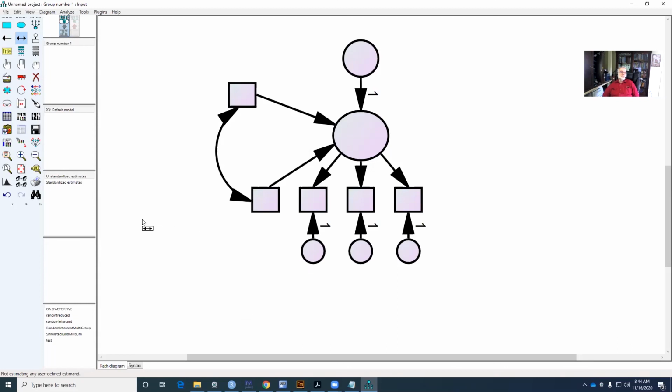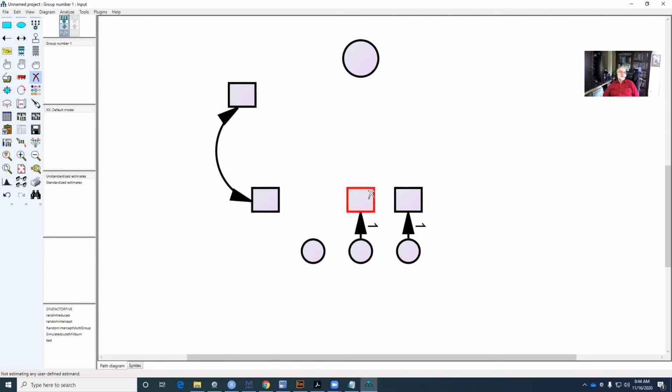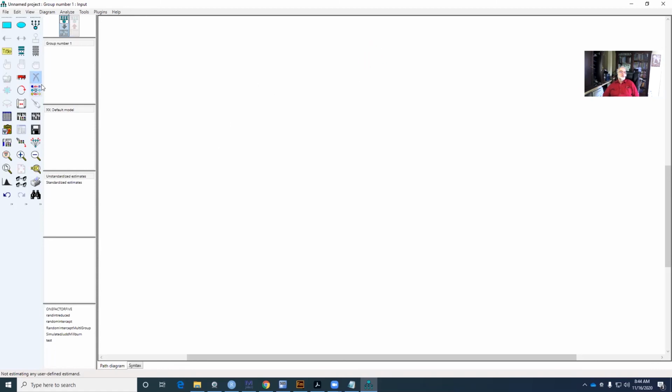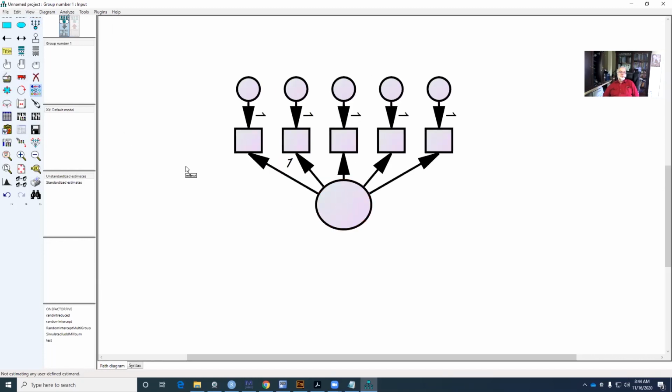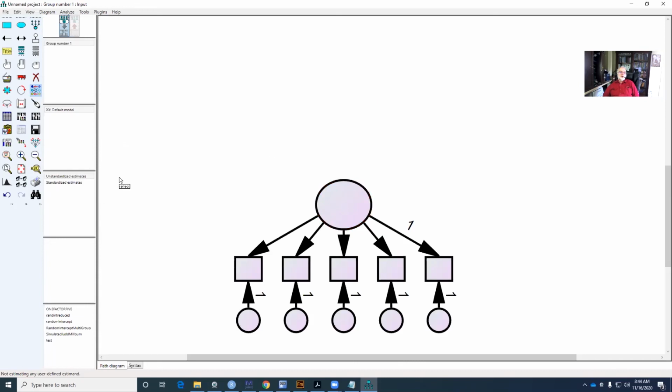So let's kill all this stuff and draw my model again. So if I had a data set, and now at wave 0, I'm going to do an experiment and interfere in this data set.